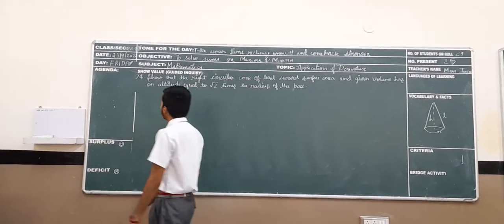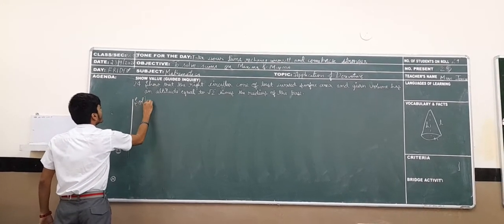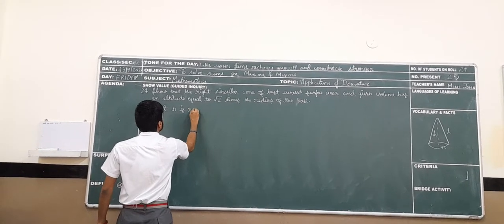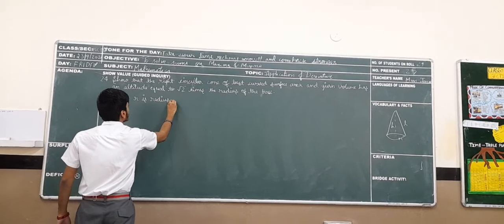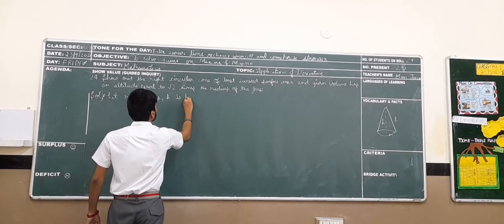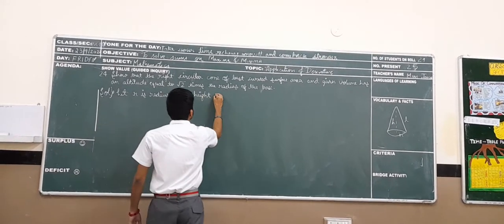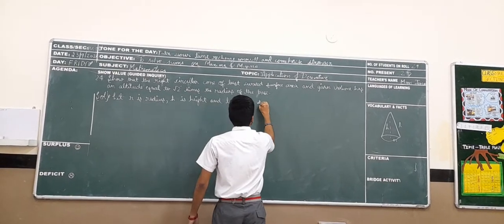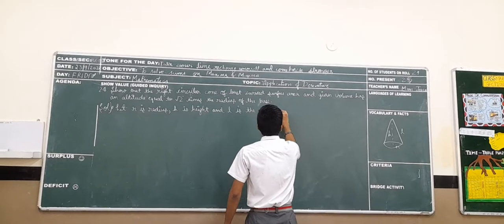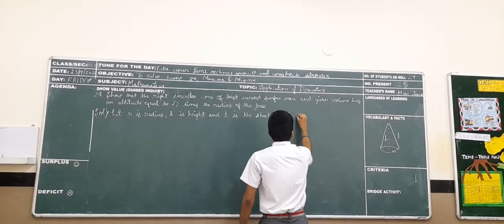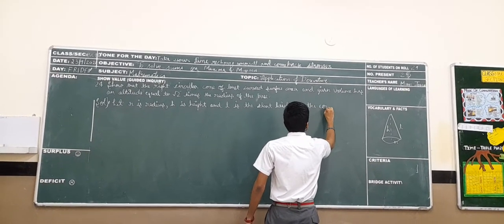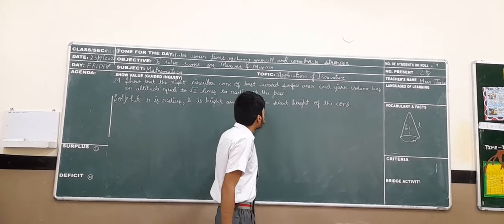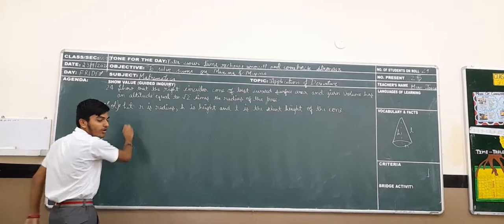So R is the radius, H is the height and L is the slant height of the cone. First we will write the formula of the volume of the cone.